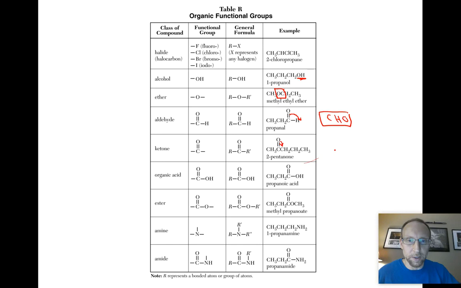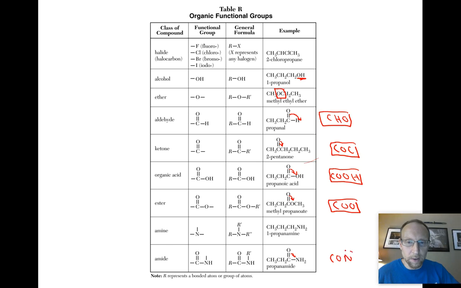And again, same thing with our organic acid. We got to bring that double O down to get our COOH. And then same thing with the ester. We bring that double O down, and it's going to be that COO, right? Ester says COO. And then the same thing with the amide. We bring that O down, and then we get our CON, right?